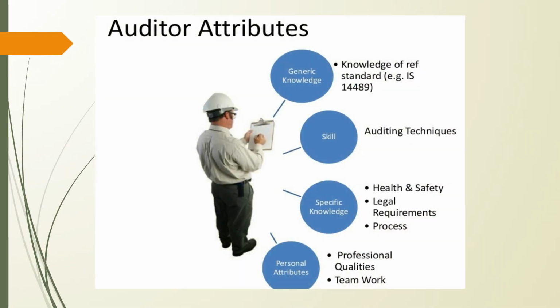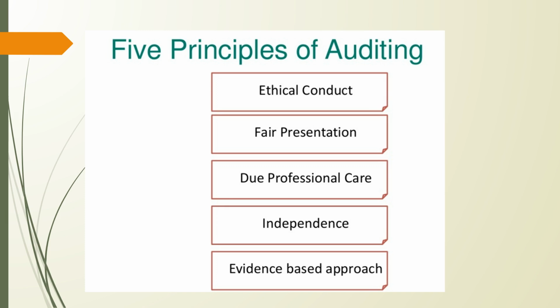An effective auditor requires a mix of attributes, including generic knowledge of standards, specific auditing techniques, deep knowledge of health and safety regulations, and strong personal qualities like professionalism and teamwork. There are 5 guiding principles of auditing: ethical conduct, fair presentation, due professional care, independence, and an evidence-based approach.